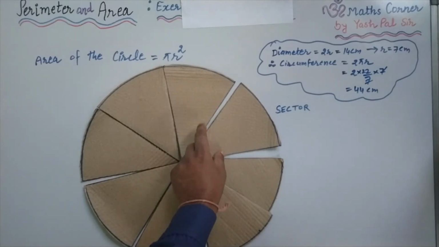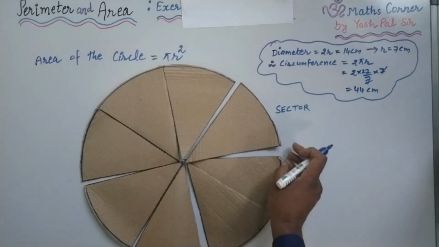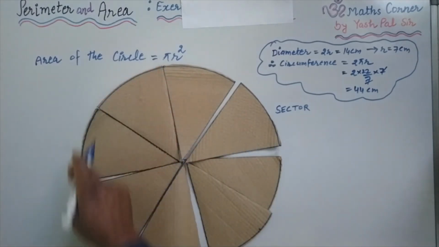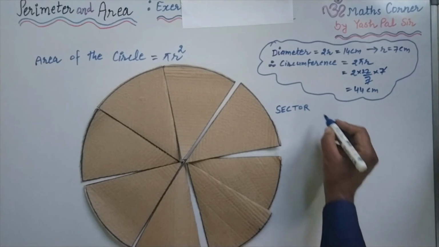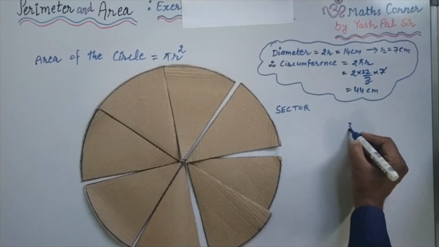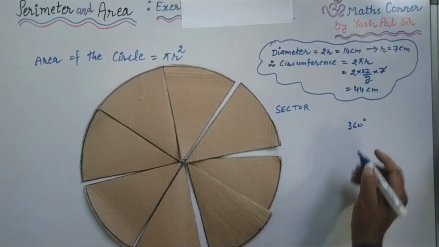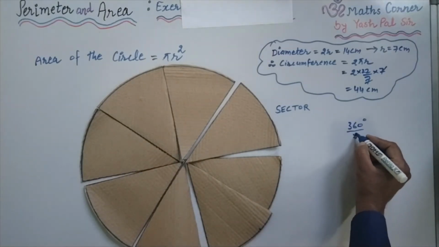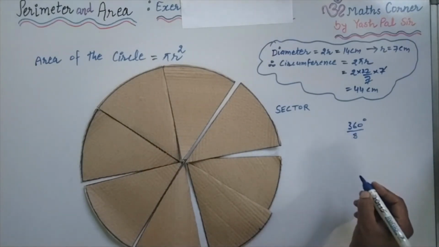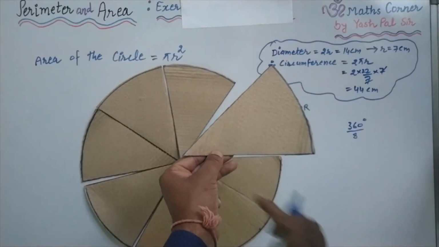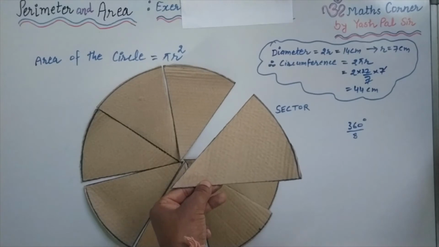Now what is the formula to find the area of the sector, one sector? First of all I want to explain you what is the angle subtended by the center. This complete circle, the angle is 360 degree. How many parts have we divided this into? 8 equal parts. So, what is the angle here?